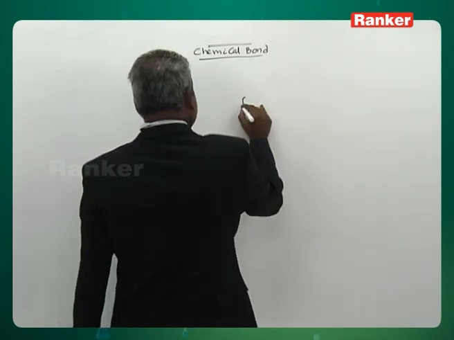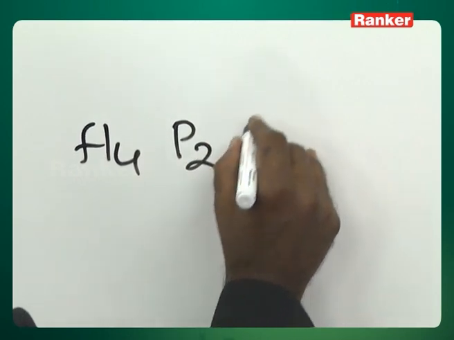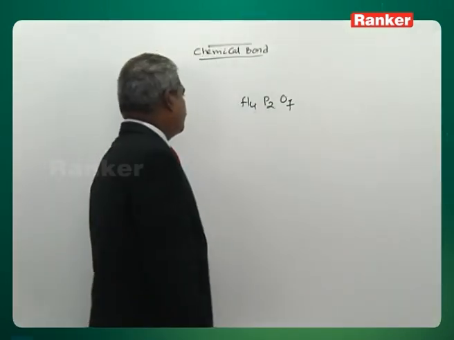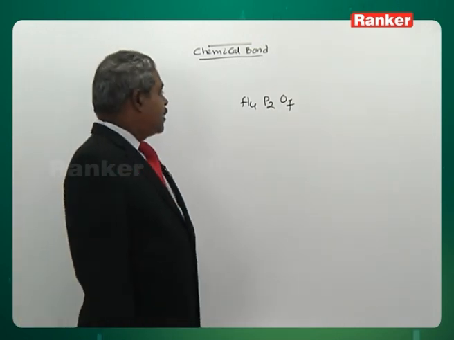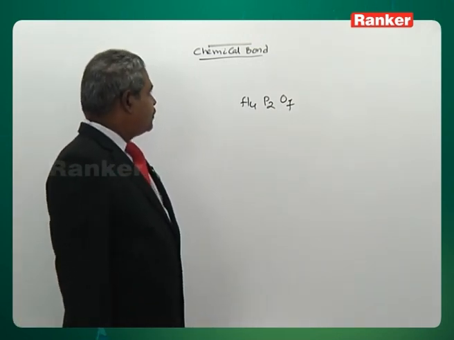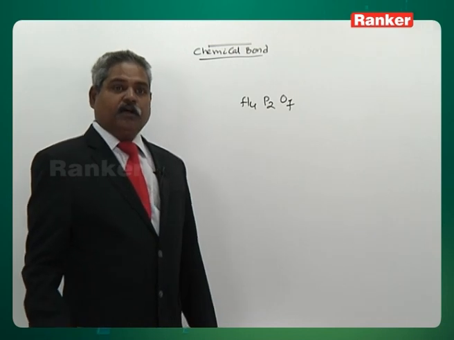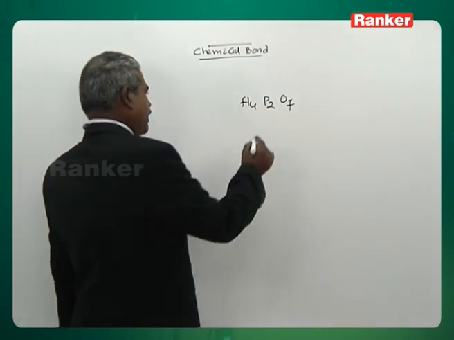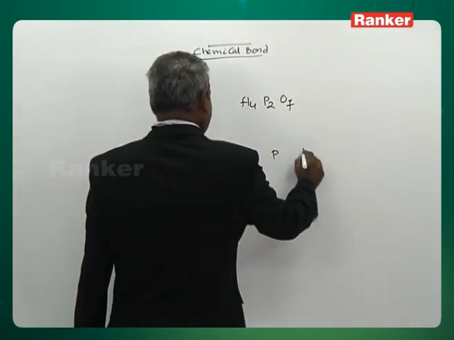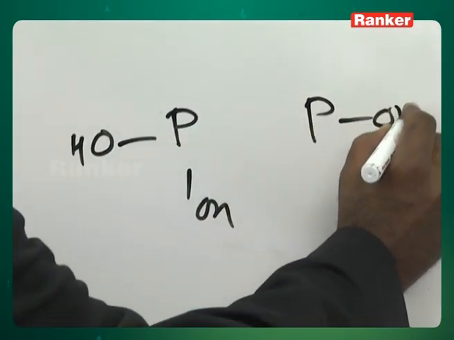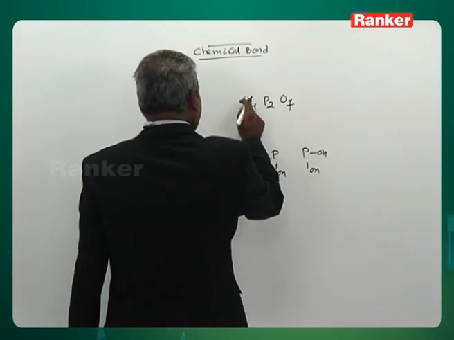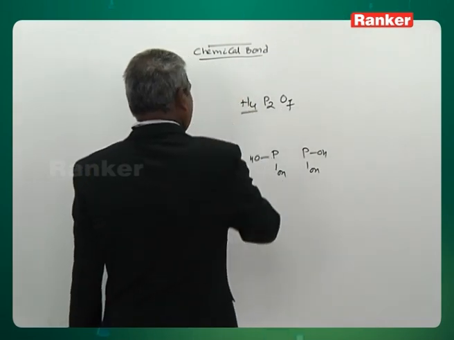Now, H4P2O7, do you have a peroxy bond in this? In the previous part, we even discussed how to draw the structure. I taught you 2 phosphorus atoms, 4 OH groups. How do you know the number of OH groups? The number of OH groups is equal to the number of hydrogens present.